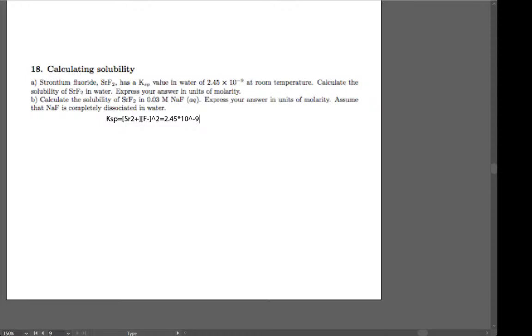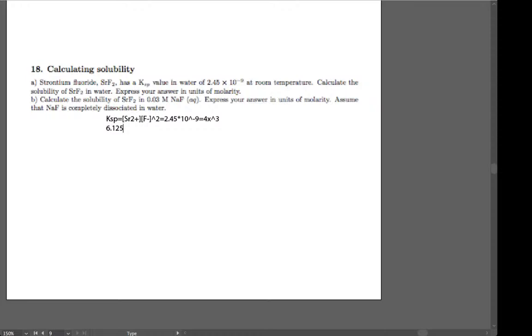Calculate the solubility of strontium fluoride in water. I will be assuming that this would be the maximum, so we can assume that the Sr is x. That means the Ksp would equal 4x cubed. Let me put it into my calculator: 2.45 times 10 to the power of negative 9, and then you divide it by 4.